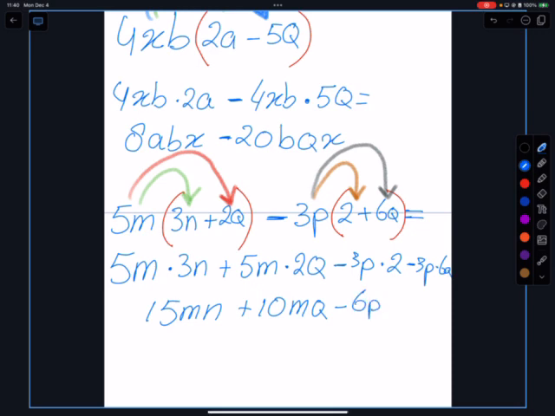Negative 3p multiplied by positive 6q is negative 18pq.